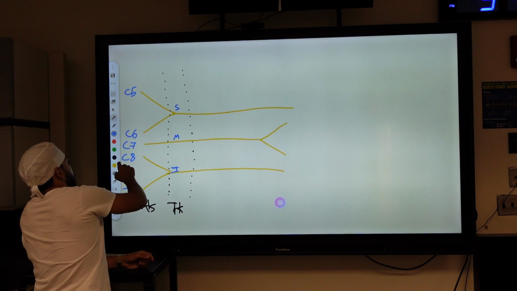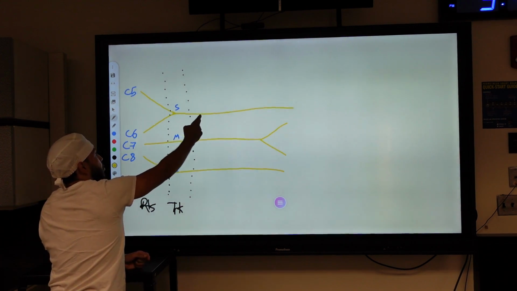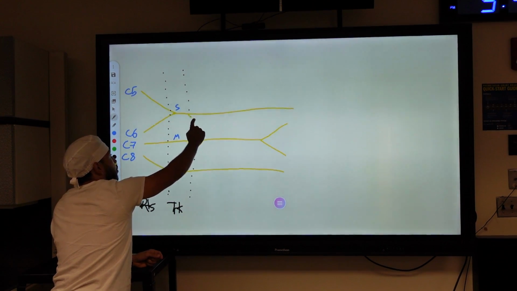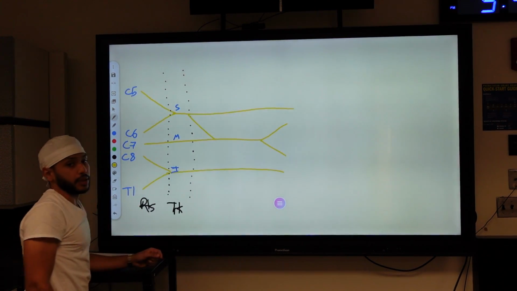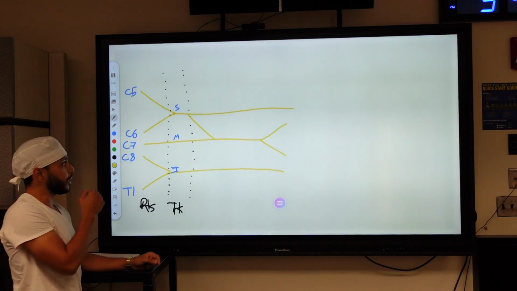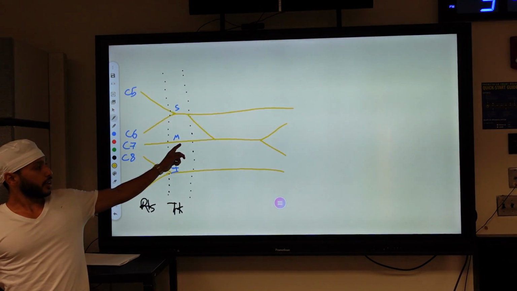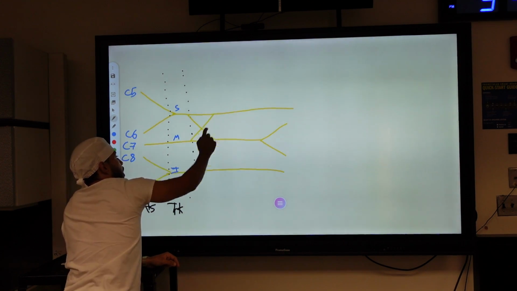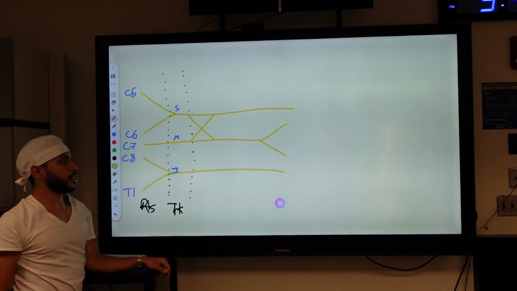So what we have going on here is the superior trunk continues along here as its anterior division, and it gives off a posterior division that goes down this way. Then the middle trunk has an anterior division that goes up this way, and the posterior division continues on over here.